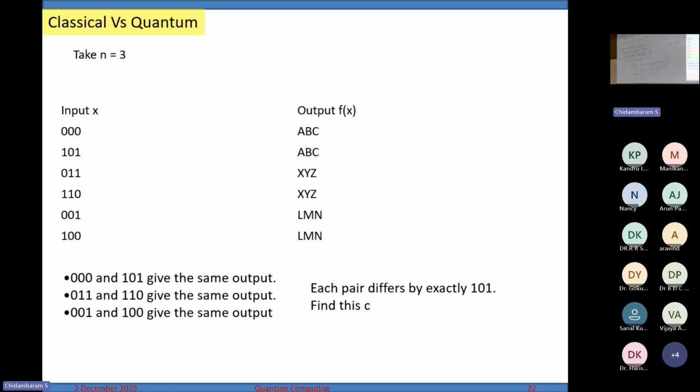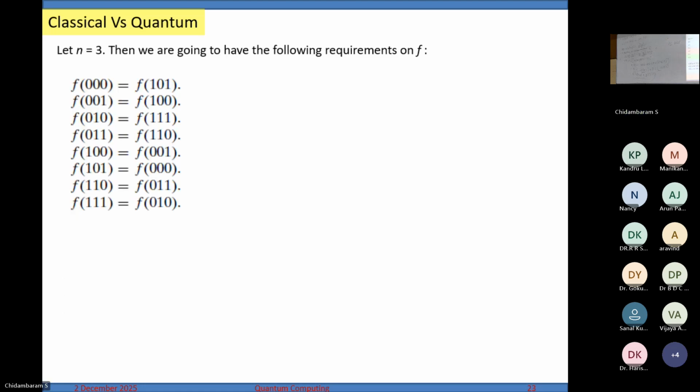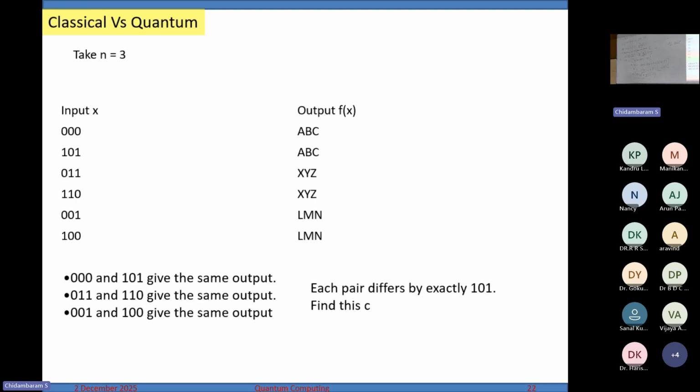We try all possibilities, right? So we are going to have the following requirements on F. F(000) is equal to F(101), and F(001) is equal to F(100).